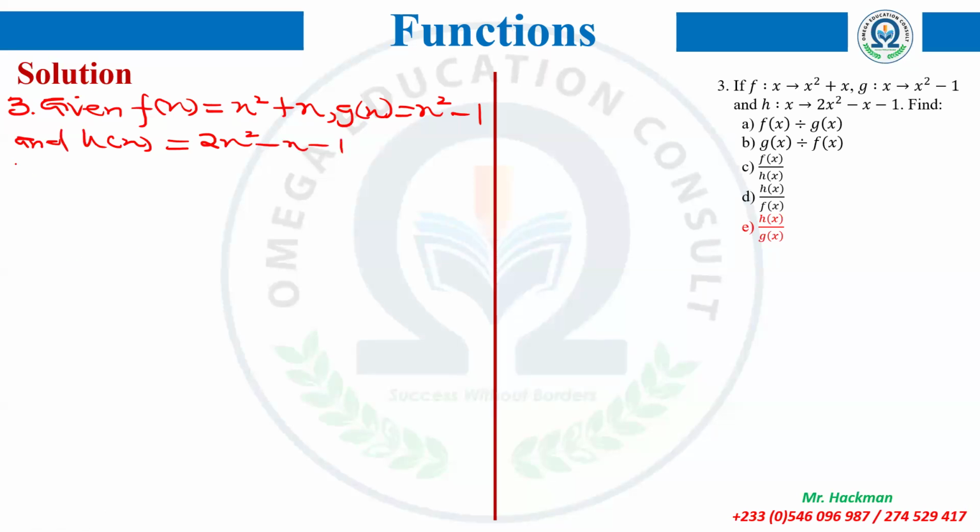So now we come to A. This is general information that we are going to rely on to solve A up to E. So at this point A, what are we given? We are supposed to look at f of x divided by g of x. All correct?